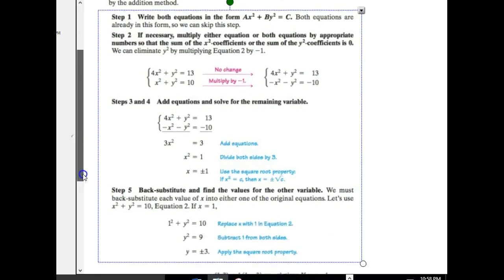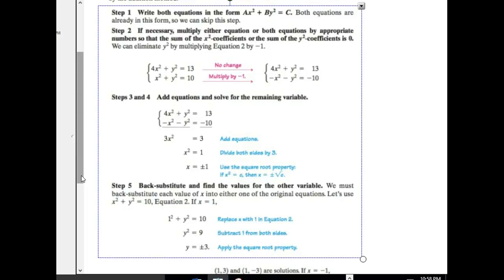Okay. Now, when you add these two equations together, 4x squared plus negative x squared becomes 3x squared. And the y squareds, because they're opposites, they just completely disappear, which is what we call the elimination method. They eliminate each other. And then finally, we have 13 plus -10, which ends up being +3.